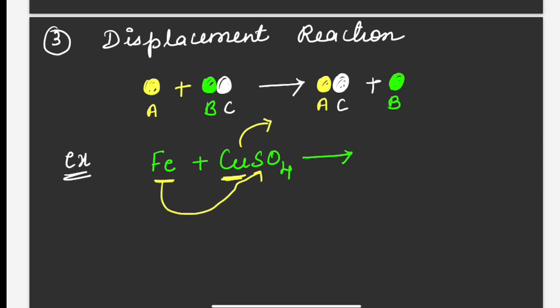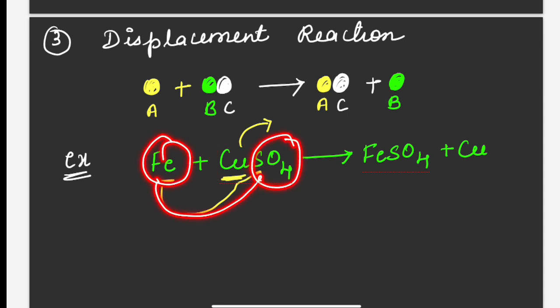As a result, in the product you will get FeSO4, and you can see copper is displaced. In place of copper you can see iron. So iron is combining with sulfate and iron sulfate is formed and copper is displaced. So such type of reaction is called displacement reaction. Let us see the fourth type of reaction.